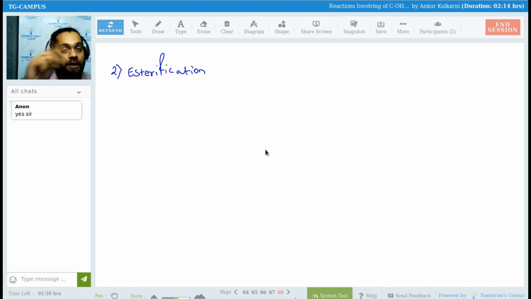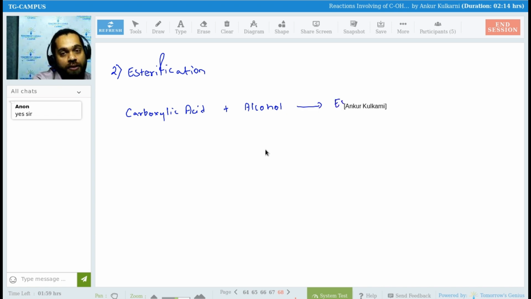Now, how do we form an ester? Write down again in your book. When you react a carboxylic acid and an alcohol, always and always remember, carboxylic acid and alcohol will always give you an ester.